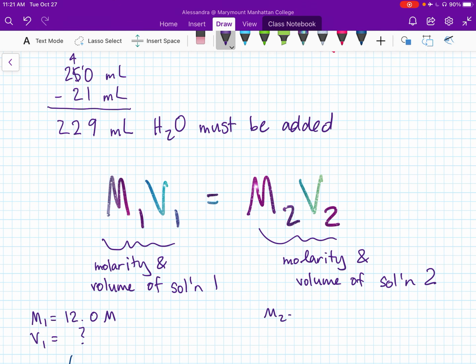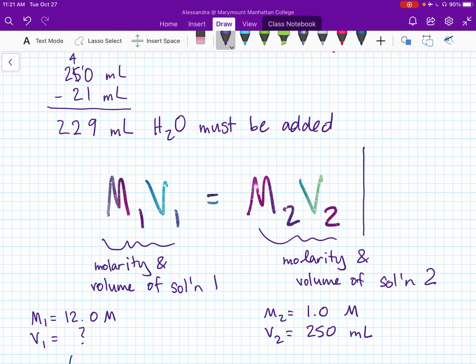M2 is the molarity of the dilute solution, and V2 is 250 milliliters of it. So if I plug those numbers into this equation, M1V1 equals M2V2, and then I solve for V1.